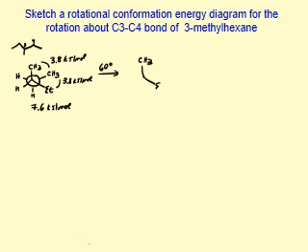but if you prefer to rotate your front carbon, that is perfectly fine. It's just a personal preference. Either way is acceptable. So you know that we're going to go from a staggered to an eclipsed. So now I have this methyl group eclipsed with the ethyl, a hydrogen eclipsed with that, and a hydrogen eclipsed with that.